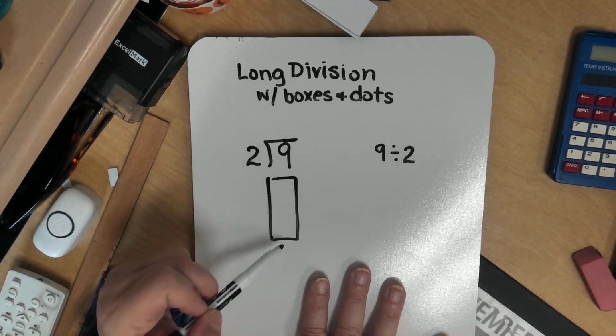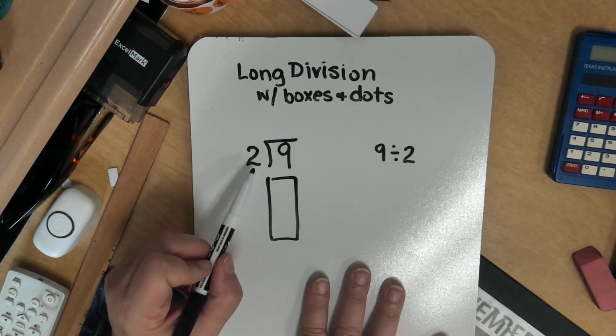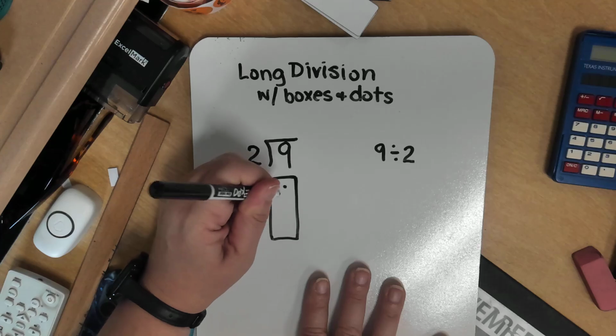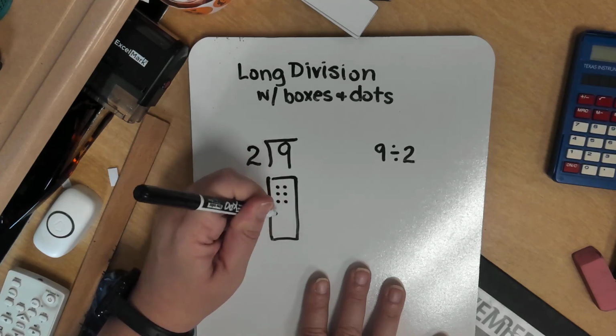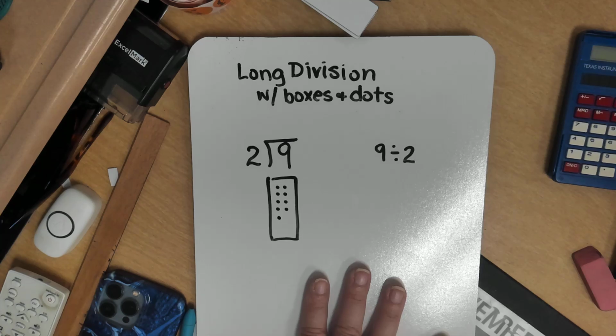I need to make 9 dots. I can make them any way I want, but I might as well draw them in groups of 2 to make my life easier. 1, 2, 3, 4, 5, 6, 7, 8, 9. And I can automatically see that one dot right here did not fit in my equal groups.